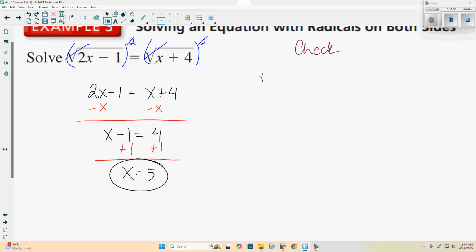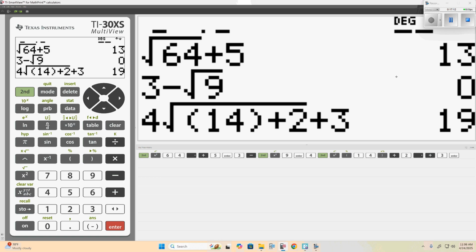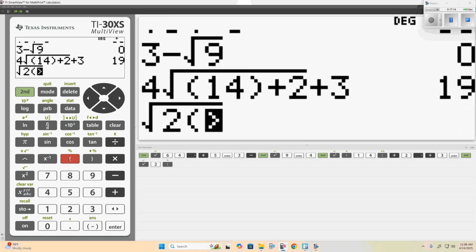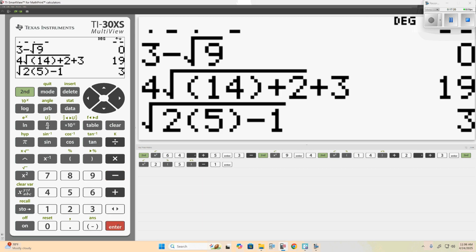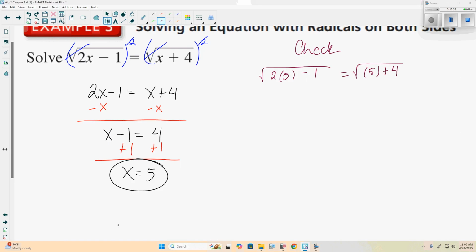Now again, we can check and make sure, because we're saying 2 times 5 minus 1, square root of it, is equal to the square root of 5 plus 4. 2 times 5 minus 1 would be 9, and square root of it is 3.